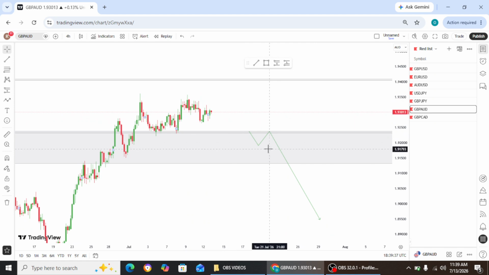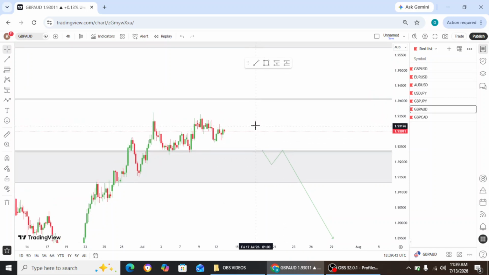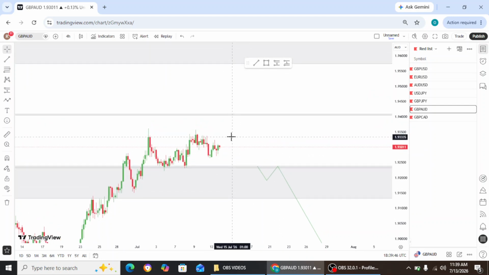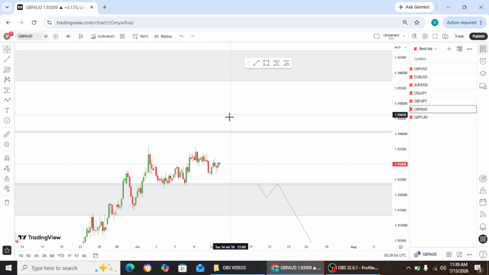I'll be waiting for the market to break to the downside based on my bigger time frame analysis. But does that remove the buying possibility? No. There's a possibility that the market will break to the upside. But why may I not take the trade if the market breaks out to the upside?